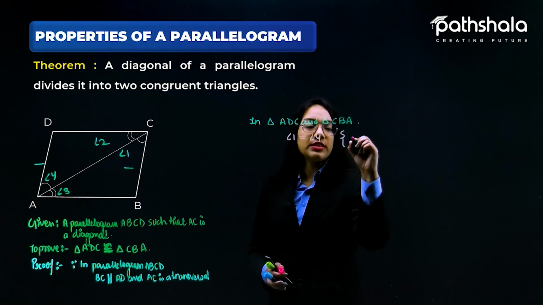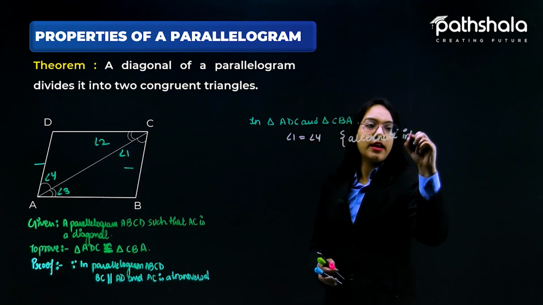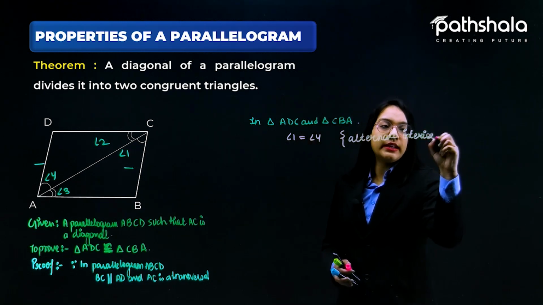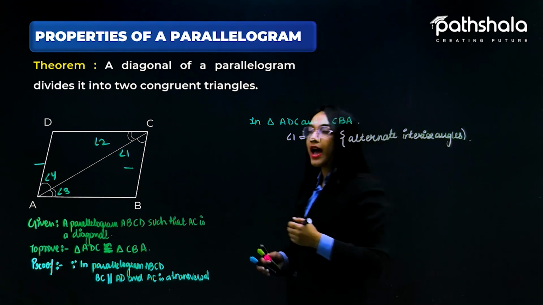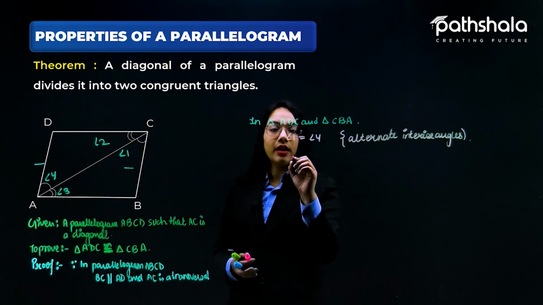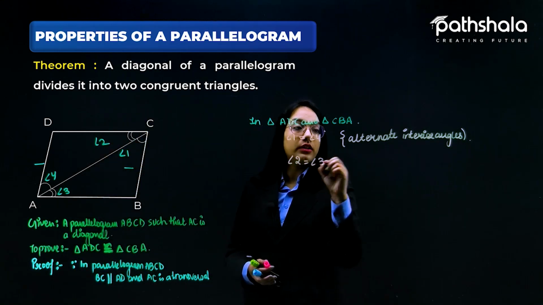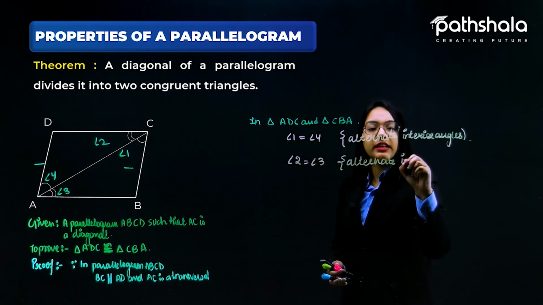Why? Because they are alternate interior angles, formed by the transversal AC. So angle 1 is equal to angle 4. Furthermore, angle 2 is equal to angle 3, again for the same reason, alternate interior angles.